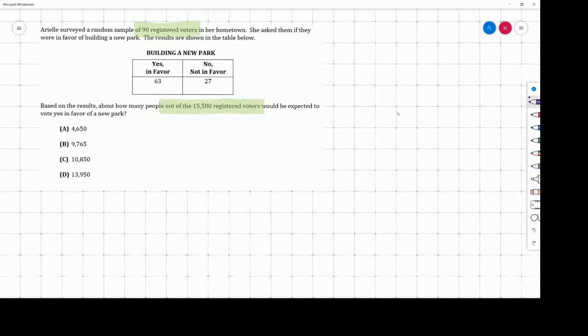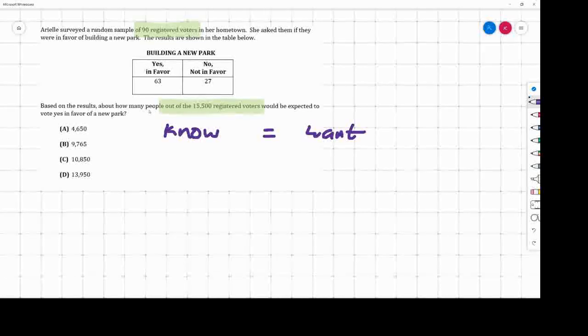Right, so you can use any of the two methods that we used in class to answer questions like this, or any of the two methods that we just showed for the other question. I'm going to go with a proportion. Right, so remember, the way we set up a proportion is what you know equals what you want to know. Right?